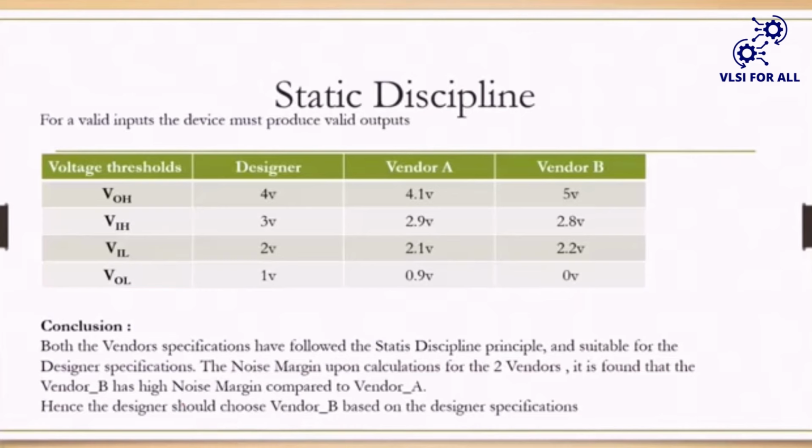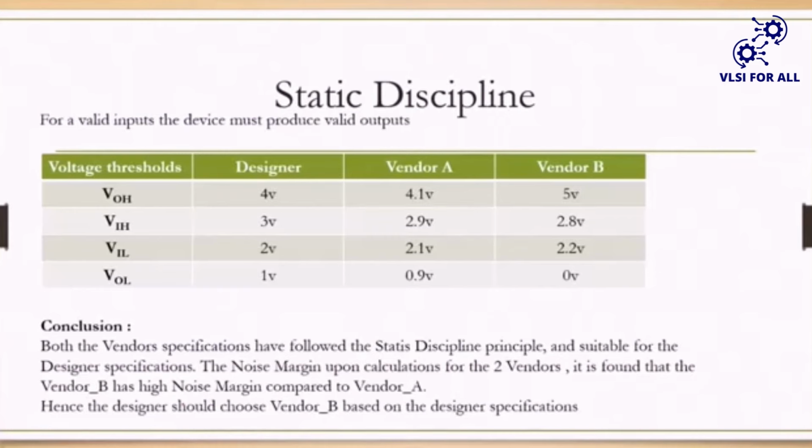Those who manufacture them are called vendors. We get quotations from the vendors, see what is the best fit, and after convincing on budget, we take one of the vendors.